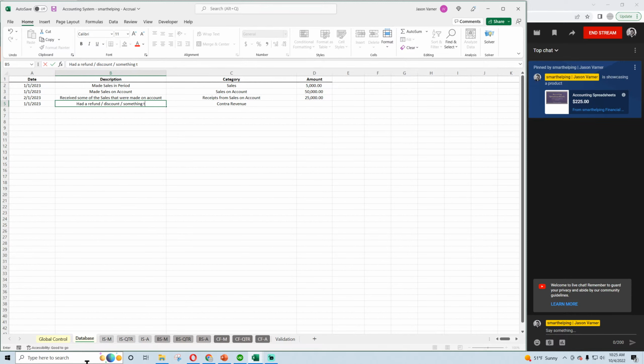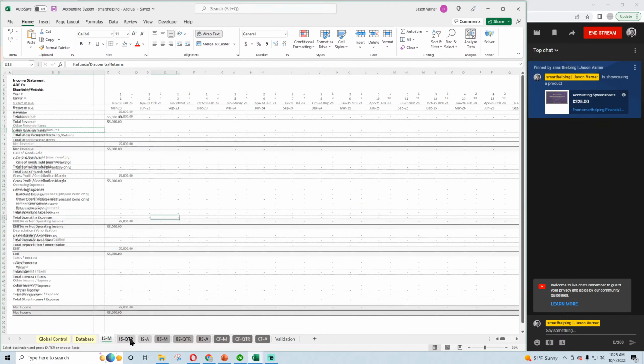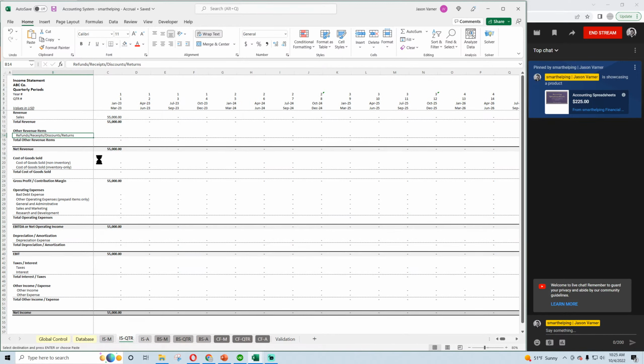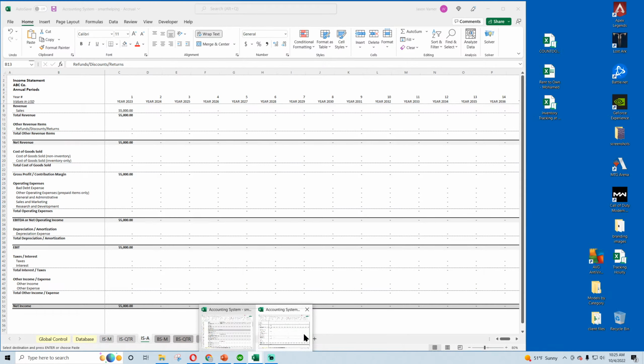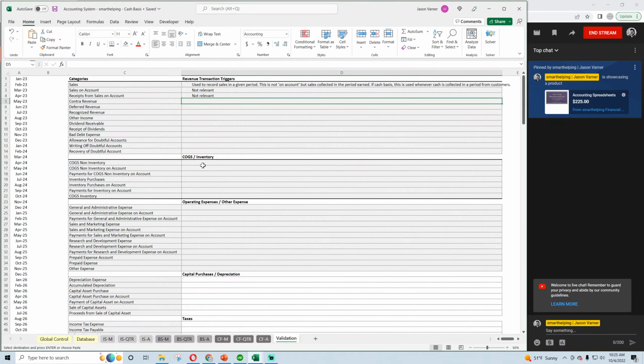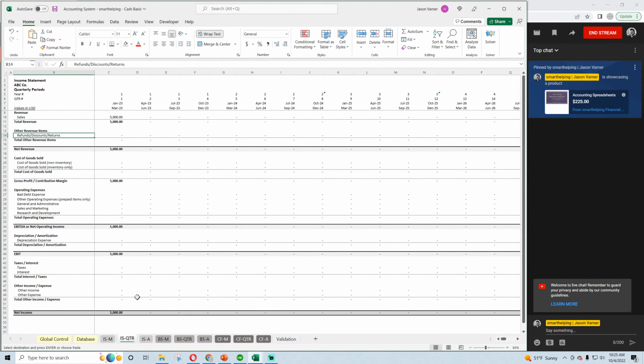No, that's too broad. Would we refunds? I don't know why I put receipts in here. This doesn't make sense. Refunds, discount. Oh, returns is the other thing. Let's update that wording. And cash basis, same deal. You can have those as well.